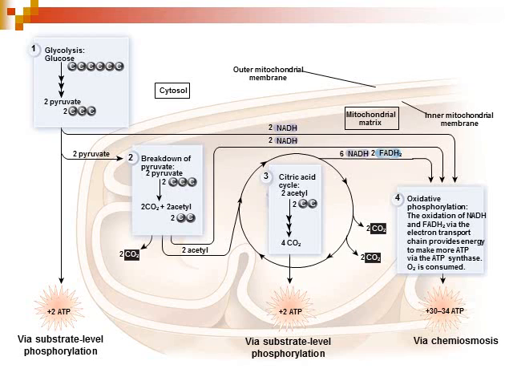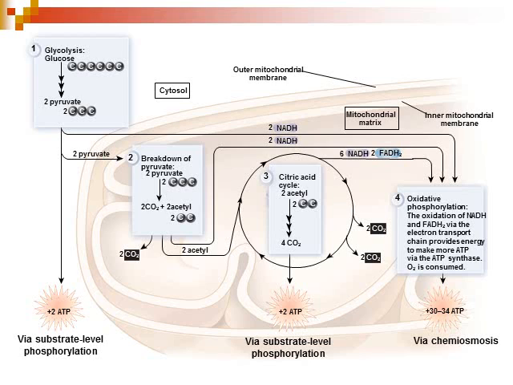The very last thing, if you look back to those 2 ATPs coming out of glycolysis, if you look across the bottom of the diagram, there's 2 more ATPs from the citric acid cycle, and then we have 30 to 34 ATPs coming out of the oxidative phosphorylation on the right-hand side.